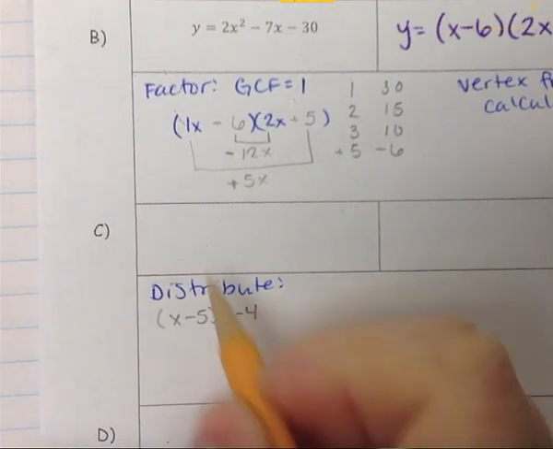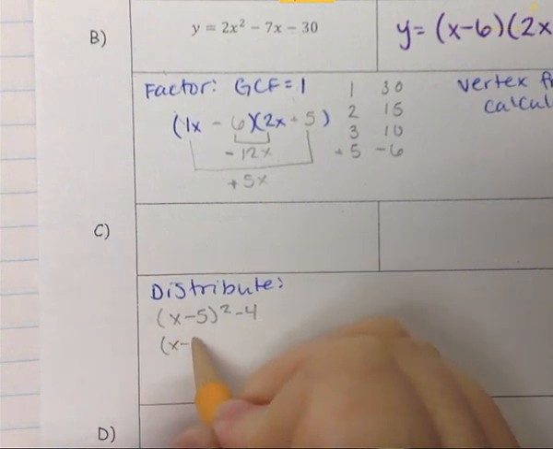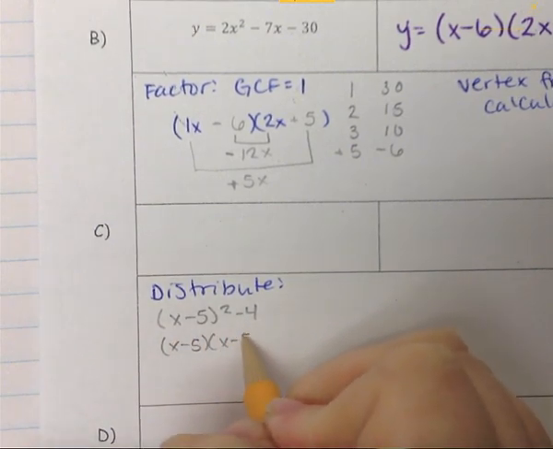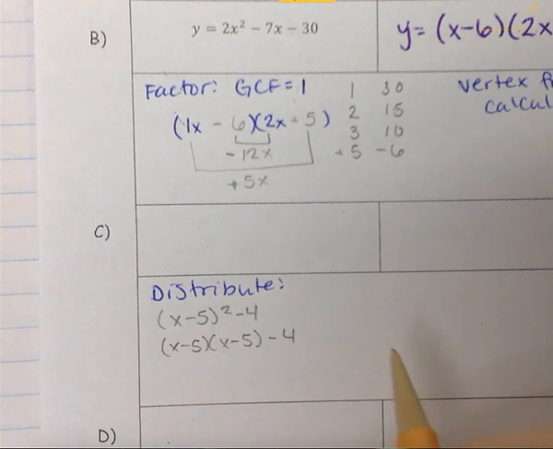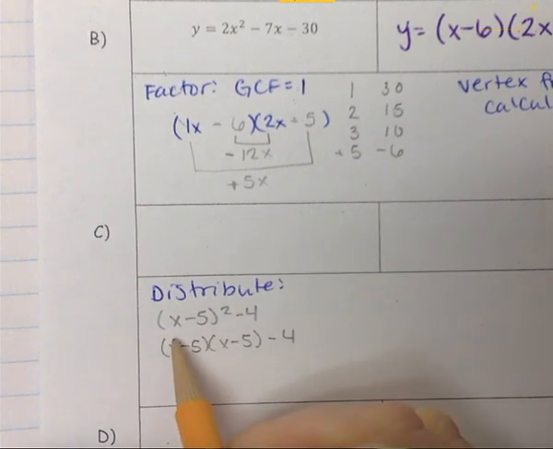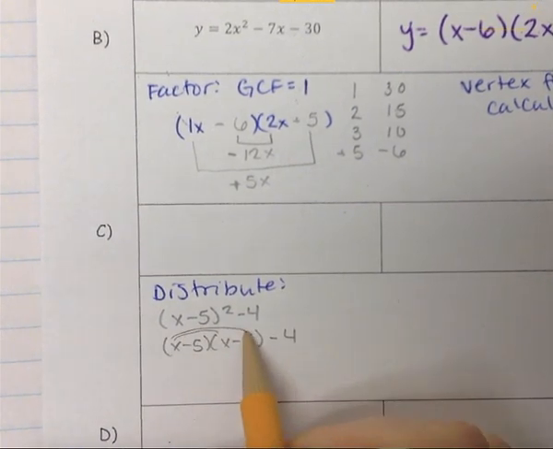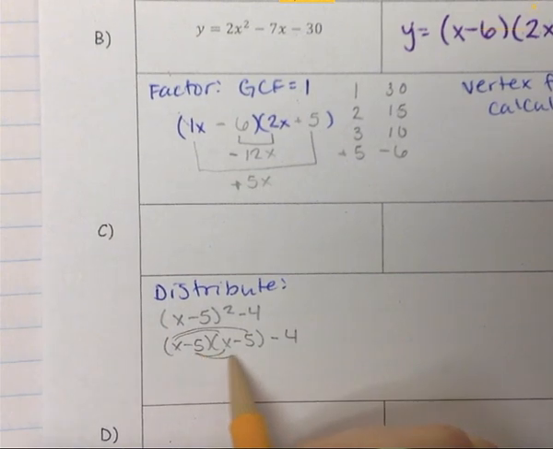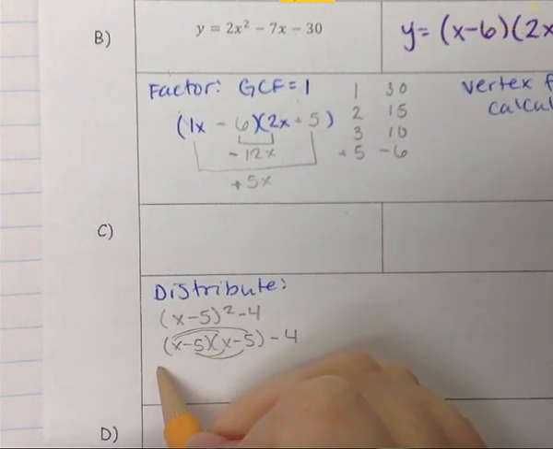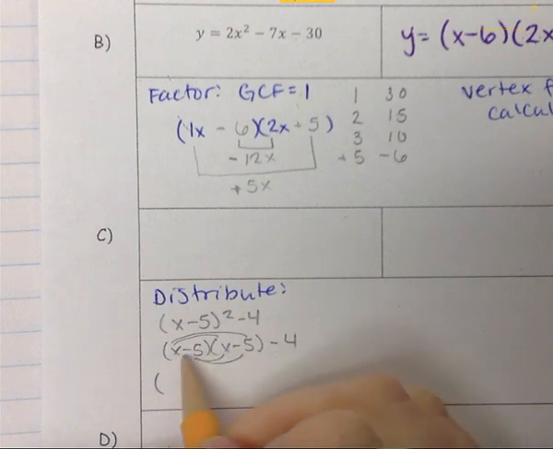X minus 5 squared really means x minus 5 times x minus 5, then minus 4. We're going to distribute the parentheses, x times x, x times negative 5, negative 5 times x, and negative 5 times negative 5. We're still going to have one set of parentheses from 2 down to 1.